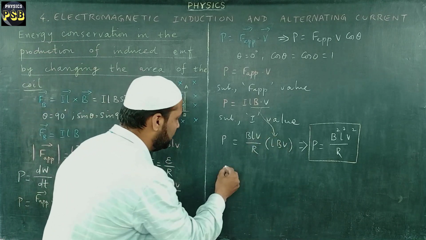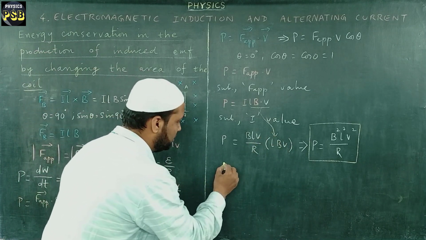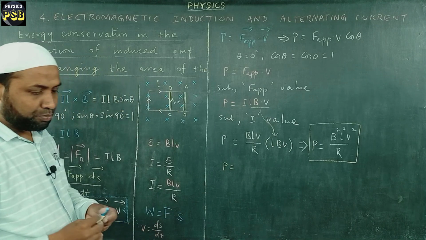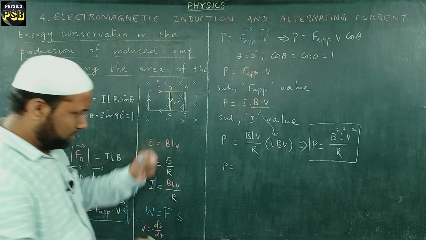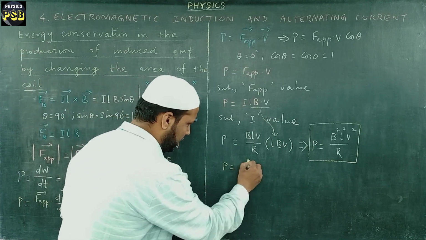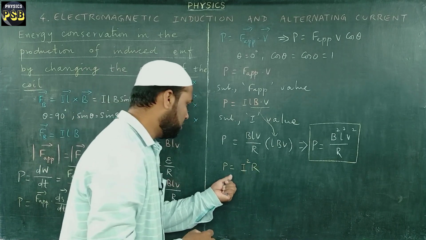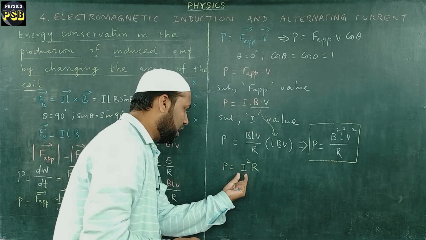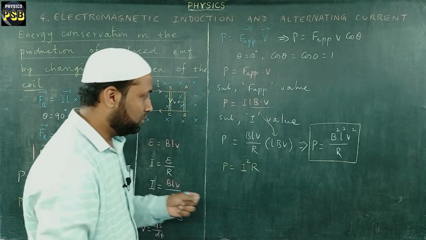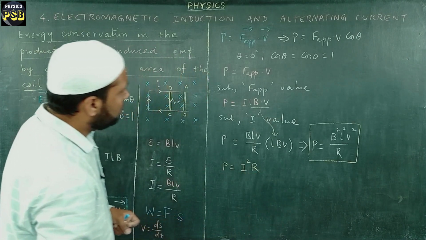For that, I write this. Now P1, the heat energy dissipated here, is calculated as I squared multiplied with R. Do we know the value of I?